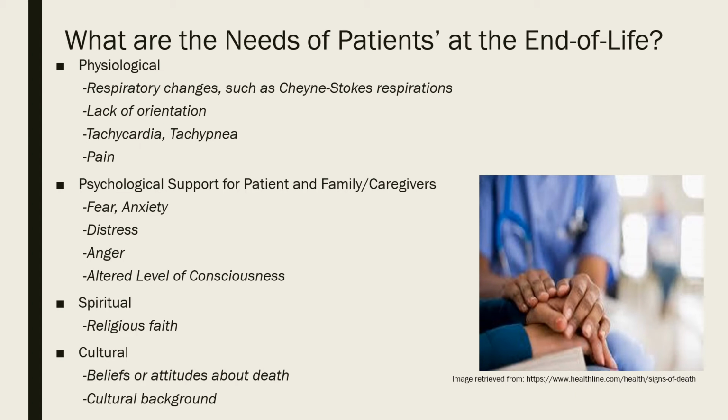Psychological support for patients is also important. Discussing with them their fears, frustration, and anger, and helping them get situated for any of those end-of-life needs can help the patient and family cope better with the end-of-life process. Spiritual needs are important to incorporate in the nursing care plan for this patient.